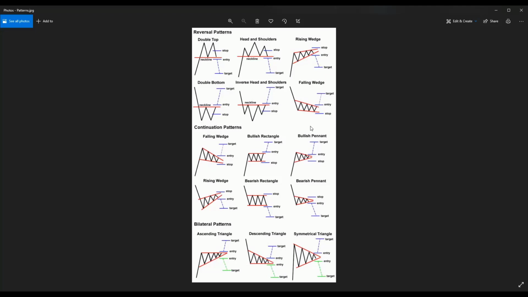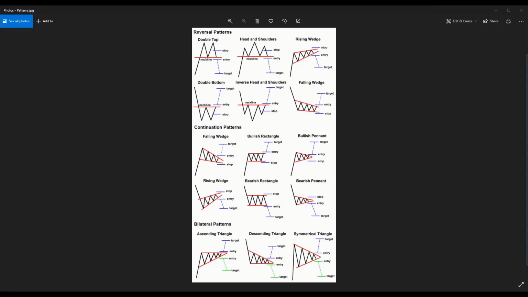So make sure you compare the angles, that way you can identify the correct pattern. There is one more pattern I'm going to pull up here that's also very common and very important to be aware of.